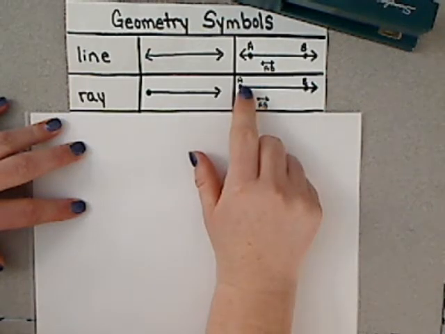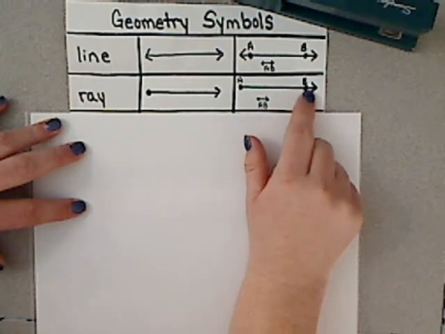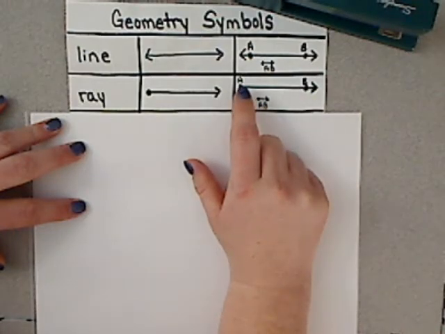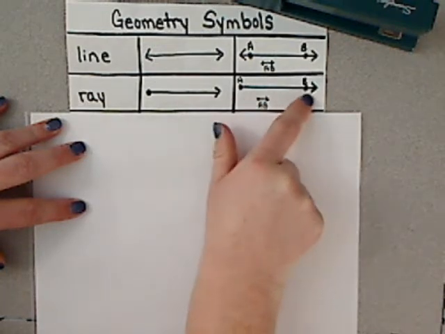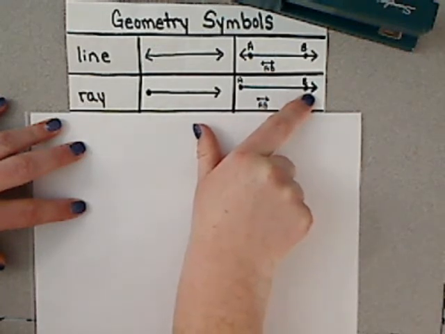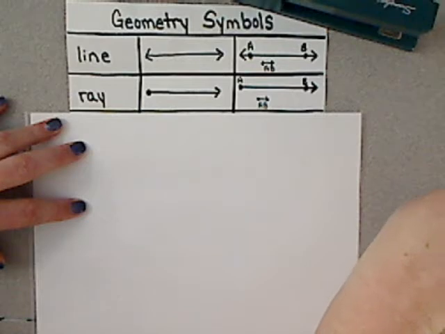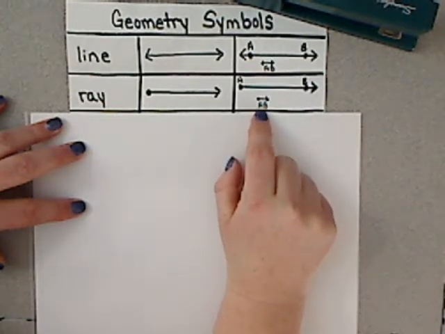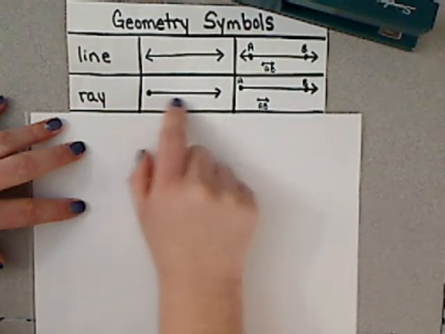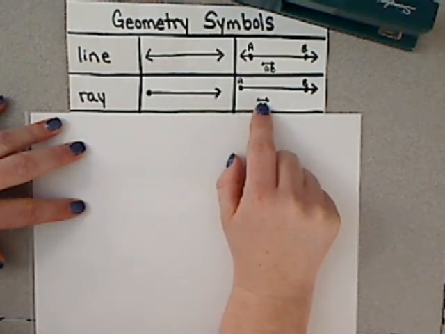So, for example, you have ray AB, because the ray begins at point A and continues in the direction of B into infinity. And it is shorthanded by uppercase A, uppercase B, with the ray symbol above it, small.